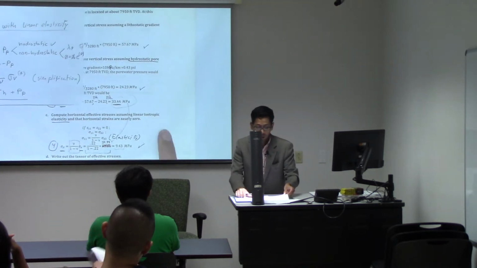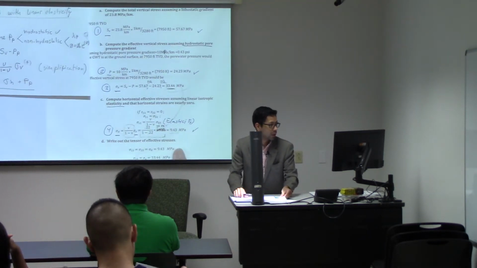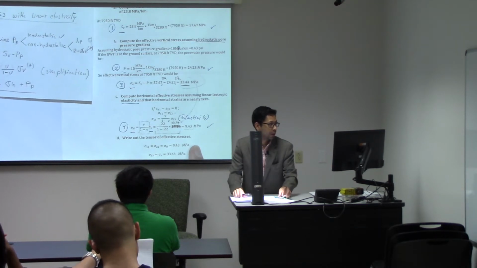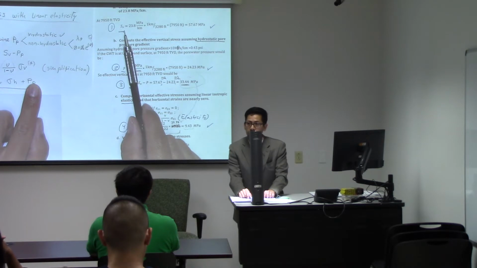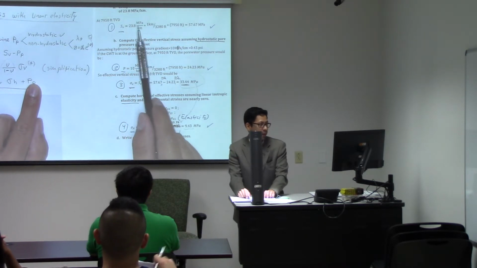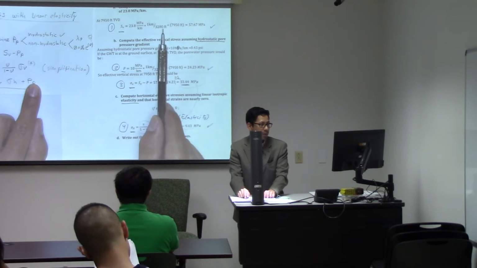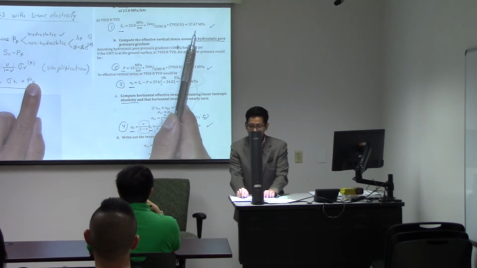I'm going to put the procedure here on the left, and go through the homework. First step, you determine vertical stress, right? You know the gradient of stress, you know the depth, you know the total vertical stress.